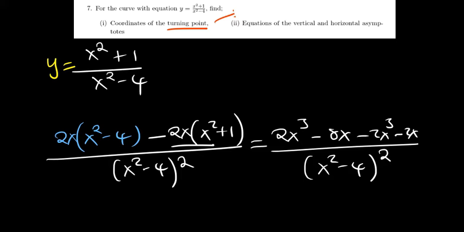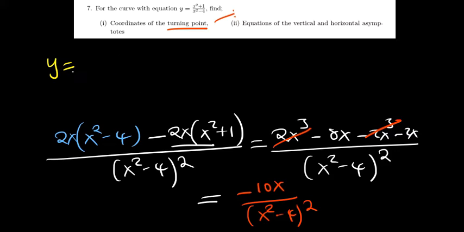Can we go beyond this point? Of course we can. This part and that part can subtract, and you remain with negative 10x over (x squared minus 4) squared. So the y prime we have is negative 10x over (x squared minus 4) squared.